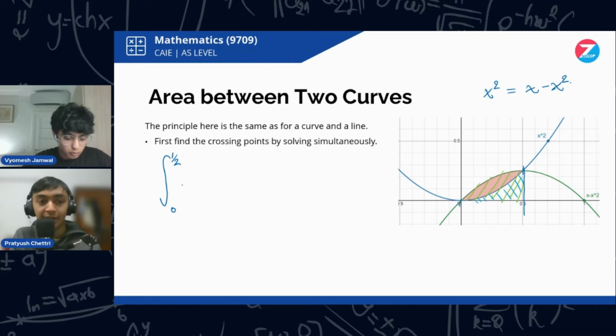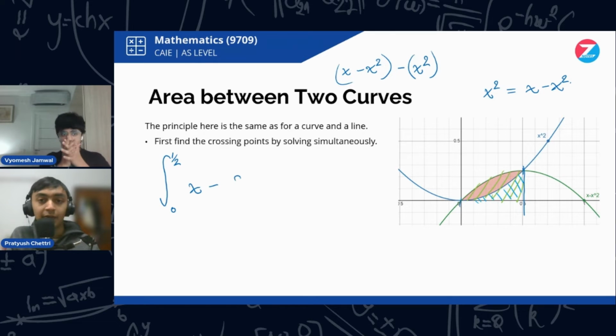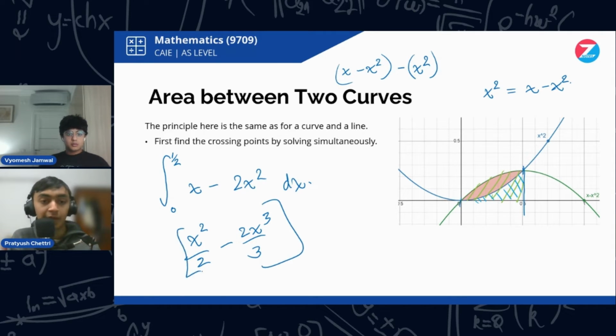My green curve is, I'm going to write up here, x minus x squared, my green curve, minus x squared, my blue curve. And combining these, I'll get x minus 2x squared dx. And now I solve this. I get x squared by 2, 2x cubed by 3 minus, limit 0 to half.